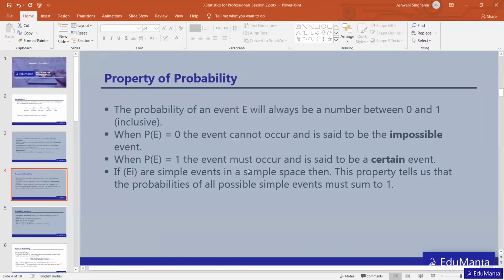So the probability can be between 0 and 1. We have already discussed it, where 0 says the event is impossible, whereas 1 suggests a certain event.